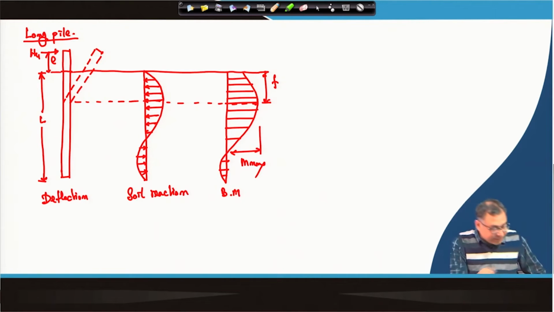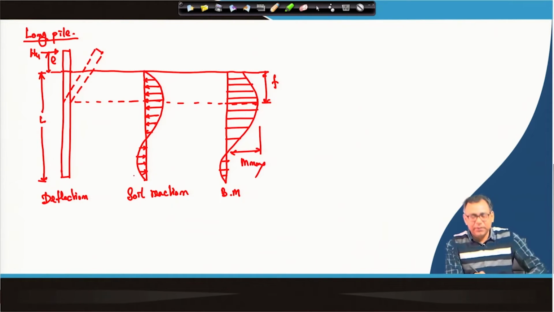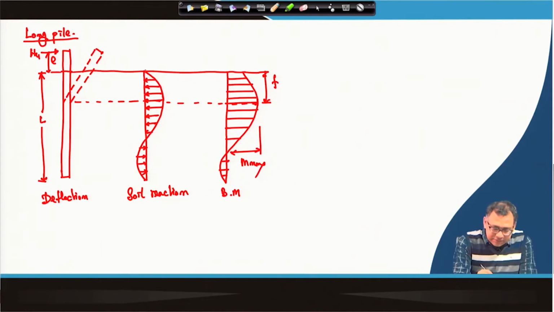Now, for this particular case, what are the equations are valid? Okay. So, again we assume that the lower portion, this negative positive, they are balancing each other, and this distribution is more or less linear in the top portion.